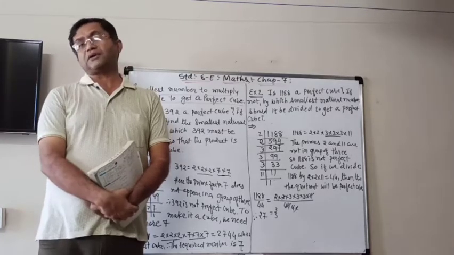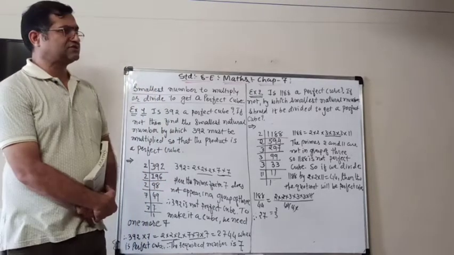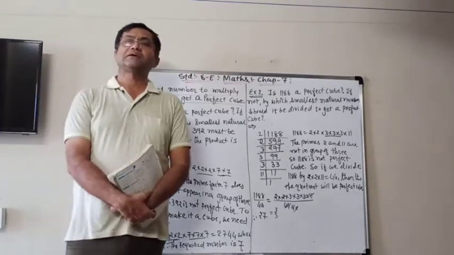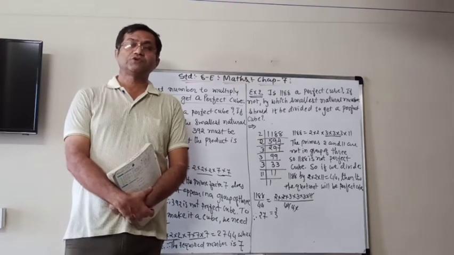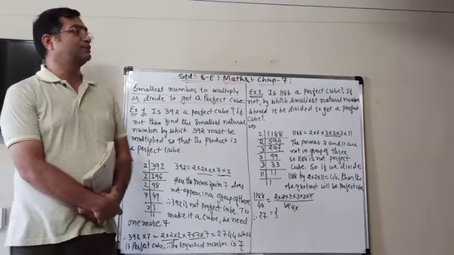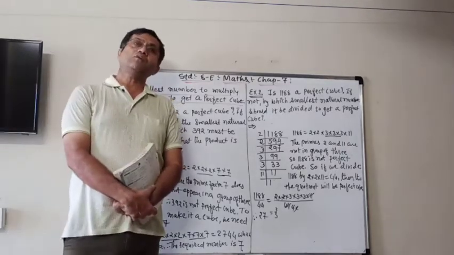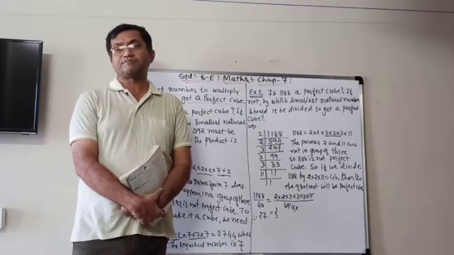And if all the prime factors do not come in groups of 3, then it is not a perfect cube. So now we can make that number a perfect cube.